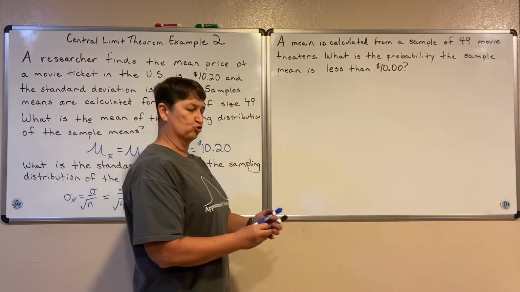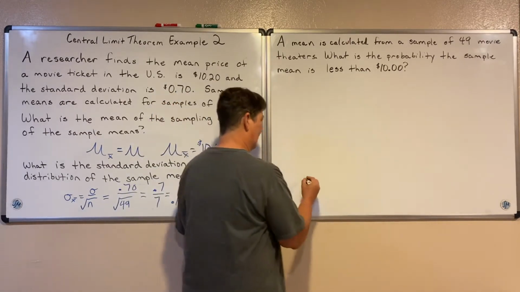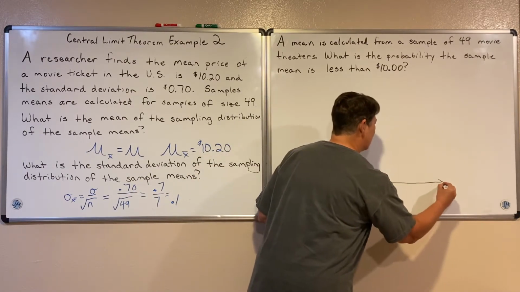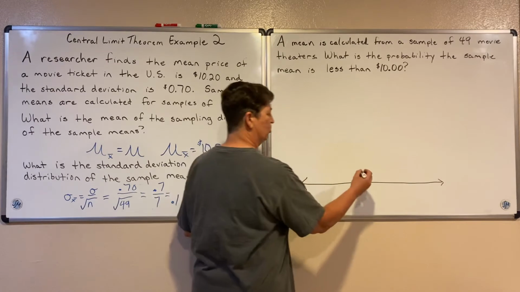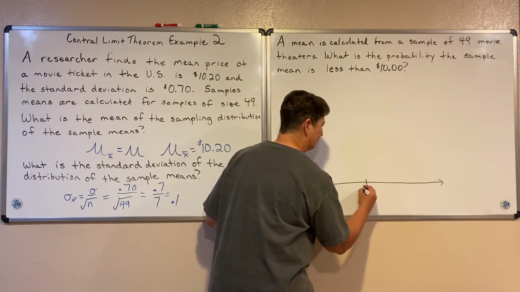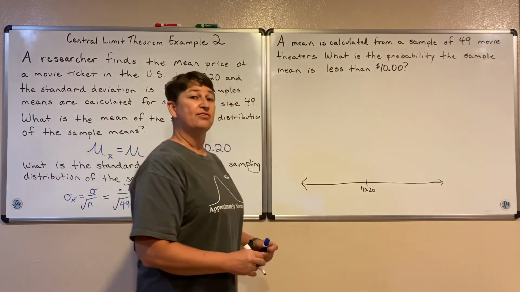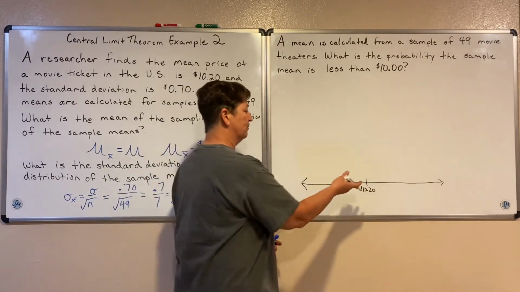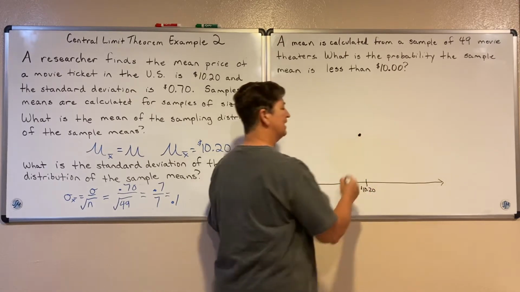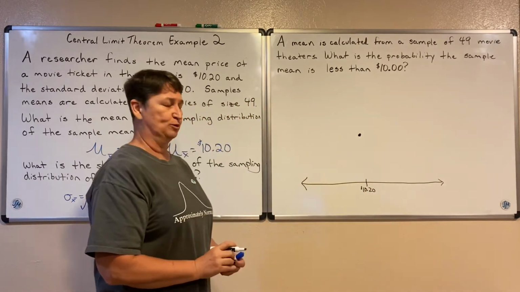So if we were to draw that sampling distribution of sample means, it would look something like this, with $10.20 right in the middle. And that $10.20 is going to be the peak of my distribution. It's going to be the mean, the median, and the mode of my distribution.